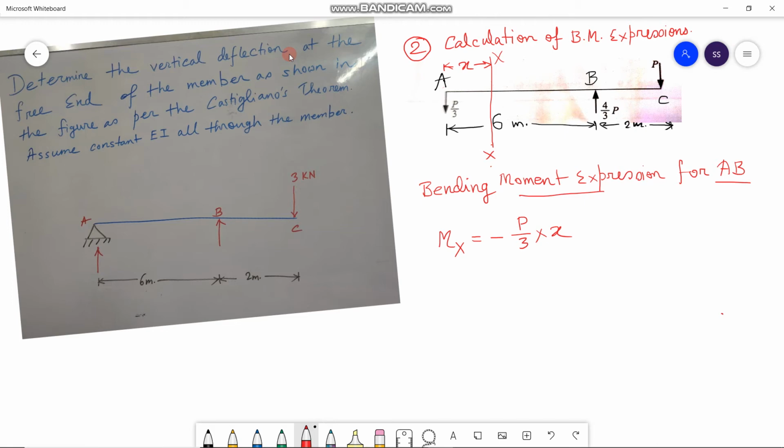So we get the moment as minus P by 3 into x.